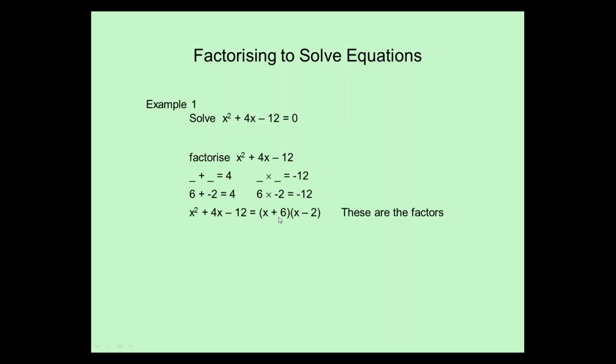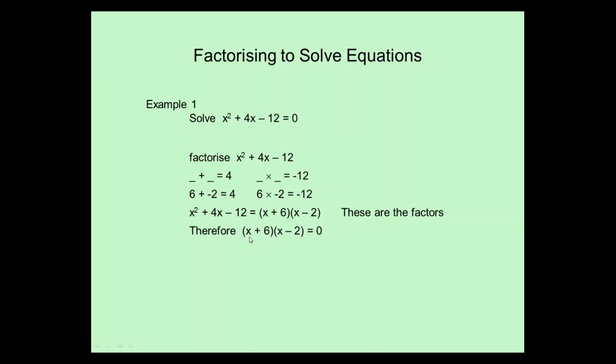So then they put those two into the brackets. Those are their factors. x plus 6 and x minus 2 are the factors. And it's quite useful that you start right away with this terminology because they'll be needing it more and more as they get towards AS level. So those are the factors. When we want to solve the equation, all of that is equal to 0.